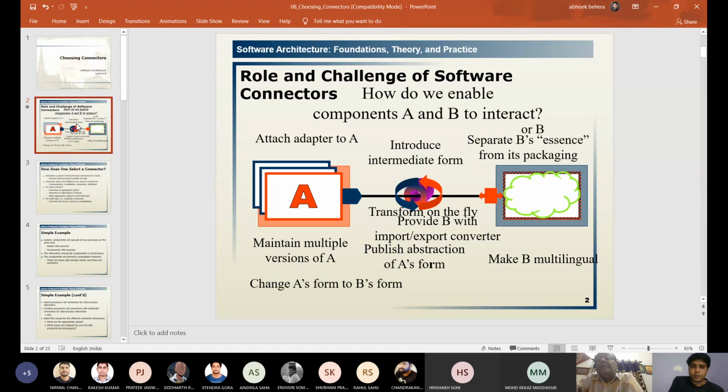It is a very crucial task to choose the connector when you are preparing your architecture. So how do you enable components A and B to interact? To interact A and B, we must need a connector.